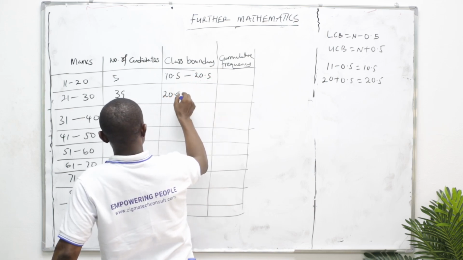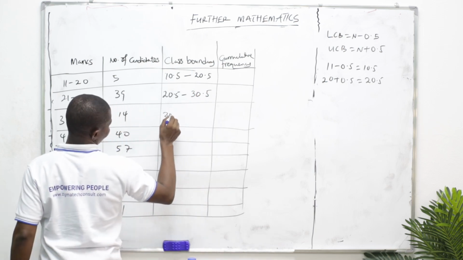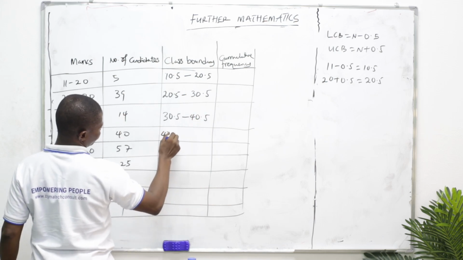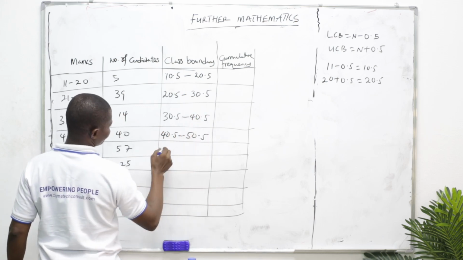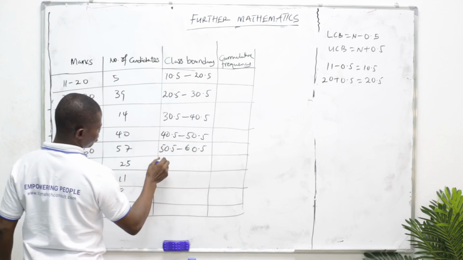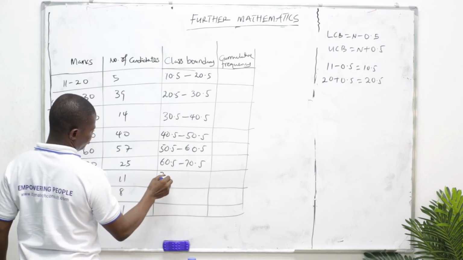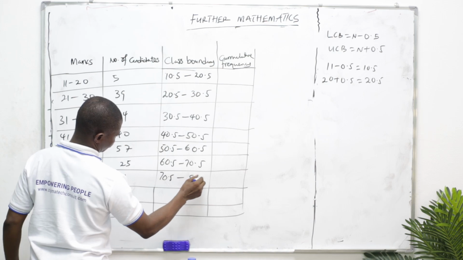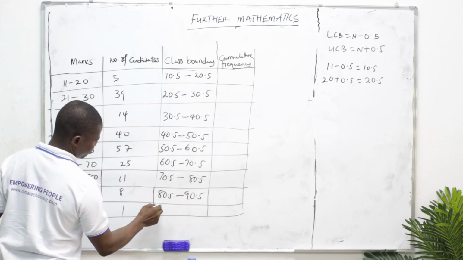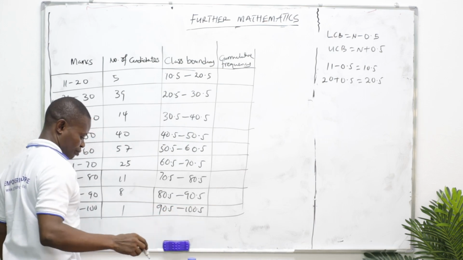Then 20.5 to 30.5, 30.5 to 40.5, 40.5 to 50.5, 50.5 to 60.5, 60.5 to 70.5, 70.5 to 80.5, 80.5 to 90.5, 90.5 to 100.5.